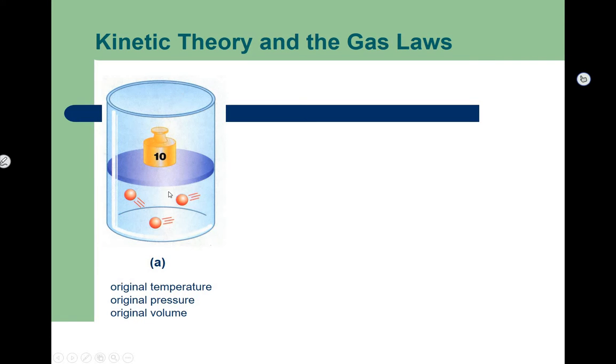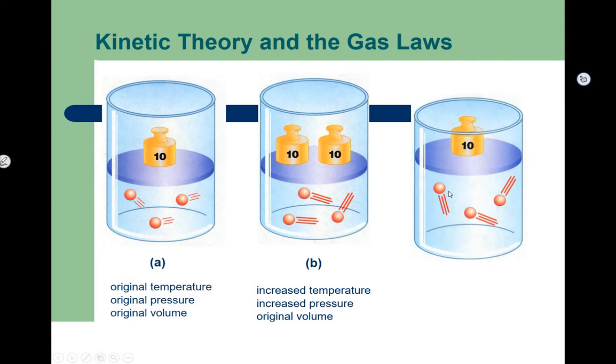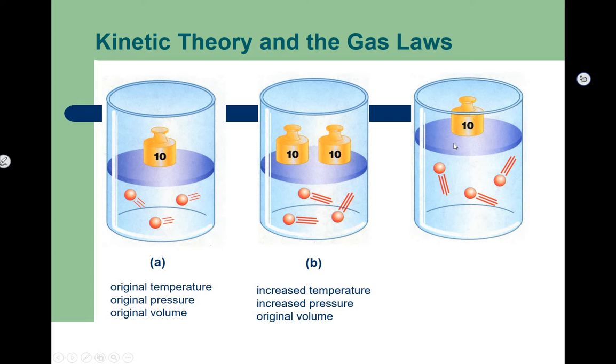You've got original temperature, pressure, and volume. If I double the pressure or increase the pressure, I'm going to increase the temperature if I want to hold at the original volume. That's the only way I can keep the volume at the original place. If I let the volume go up, in order for the volume to go up, I'm going to have to increase the temperature also at the same pressure that it was originally.